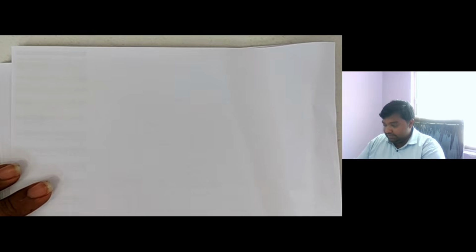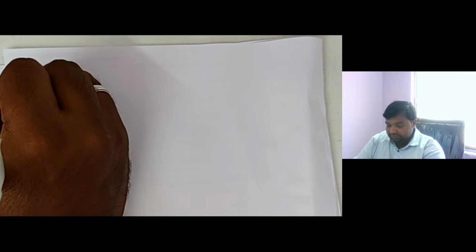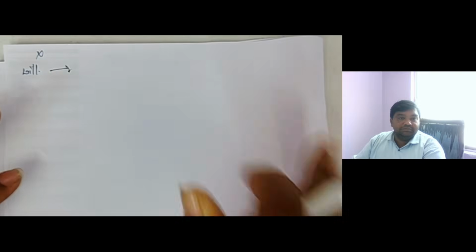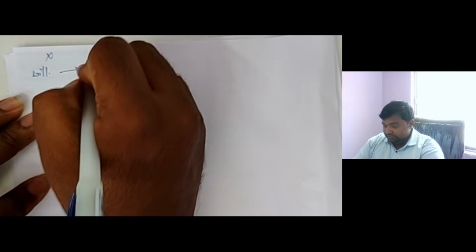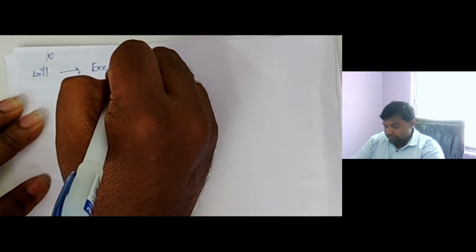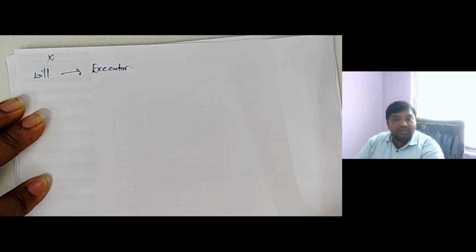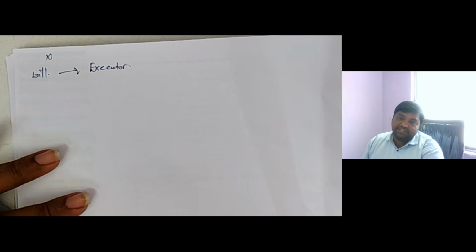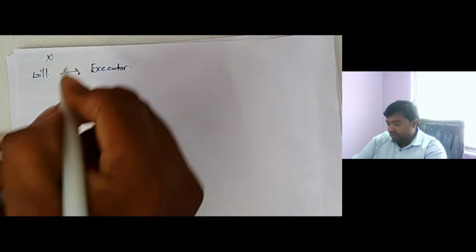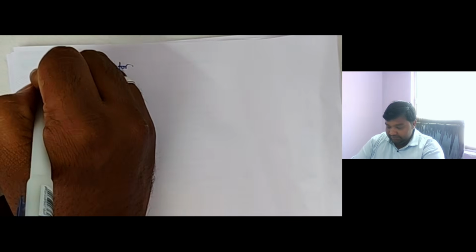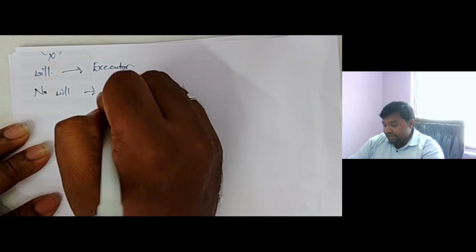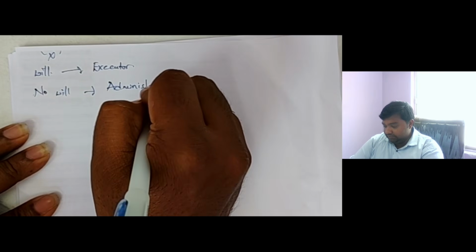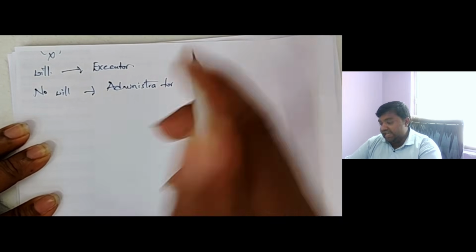Mr. X has a will. In the will, he appointed an executor. So who will be taking care of his estate? If he doesn't have a will, no will, then the court will appoint an administrator to take care of Mr. X's estate.